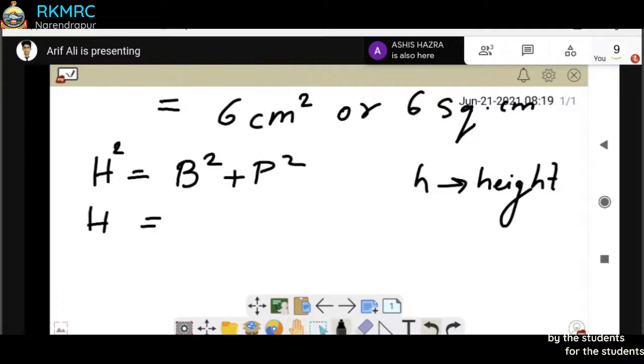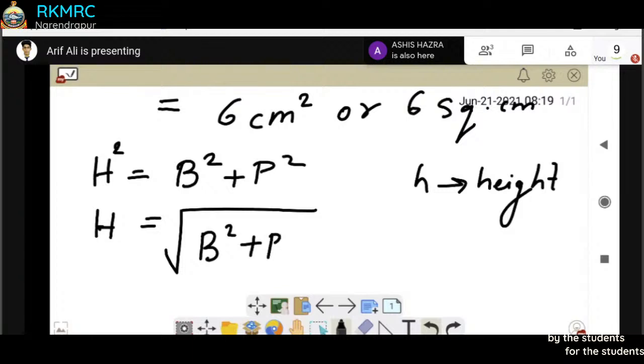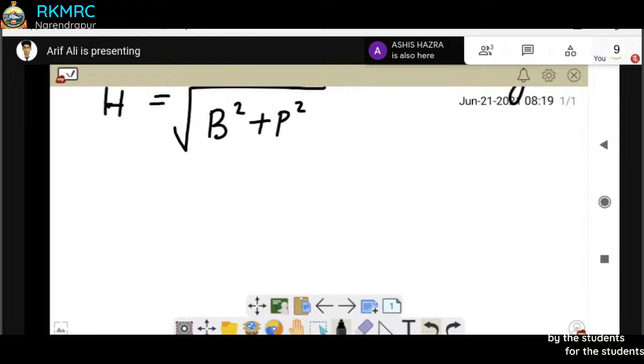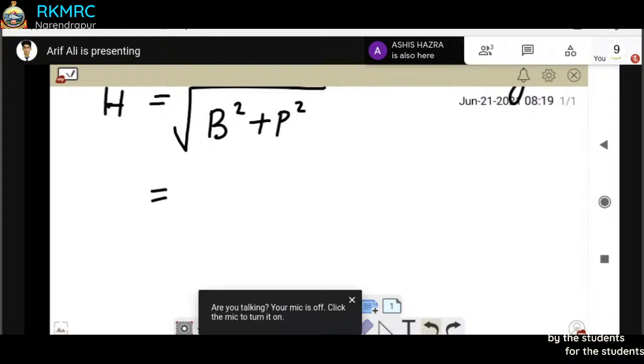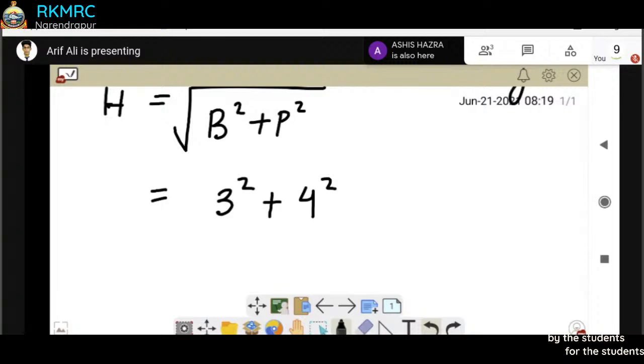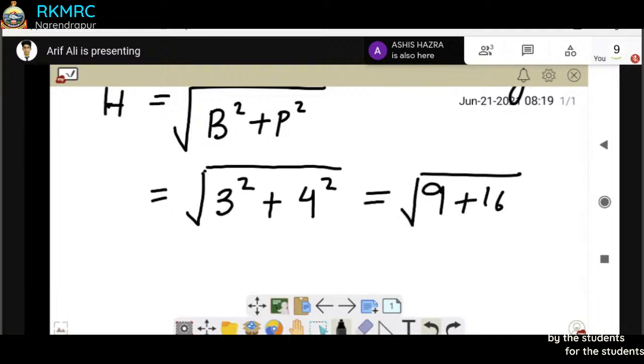So we are asked to calculate this. H, which is root under b square plus p square. So calculate it. Your base was 3, perpendicular was 4, which is equal to 9 plus 16, which is equal to 25, which is equal to 5.